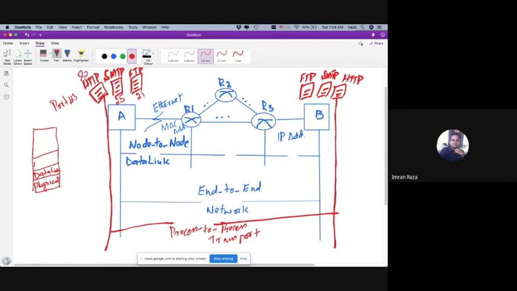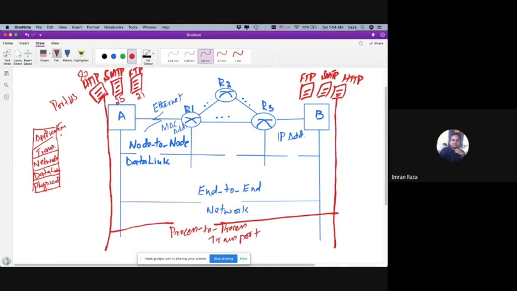Then we have network layer. And on top we have transport. And at the top, by combining the upper three layers, we can have the application layer, right? So this is a hybrid model that we have discussed earlier.